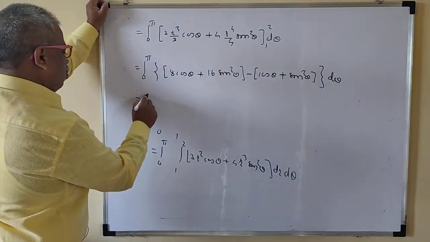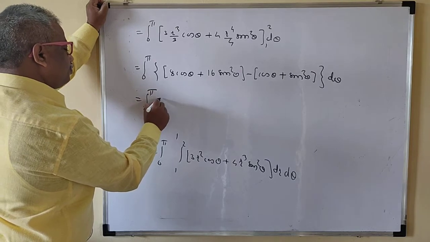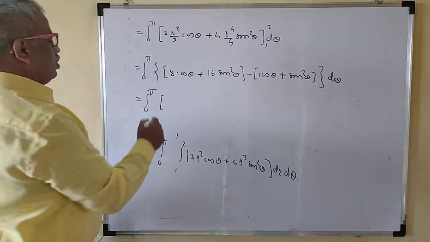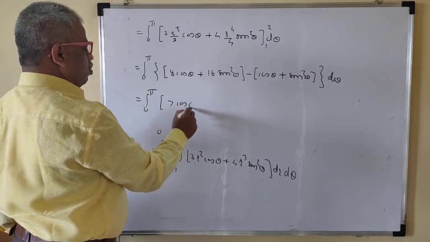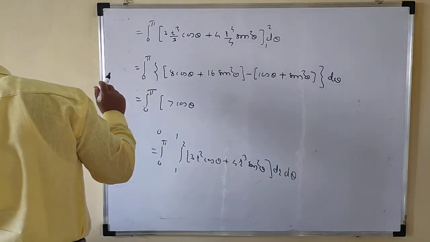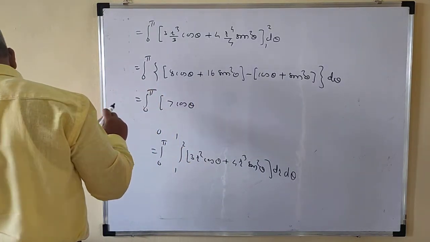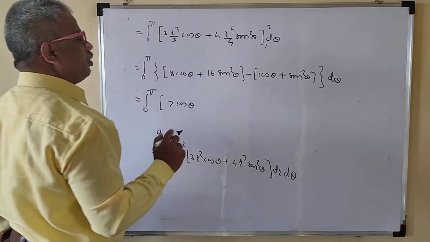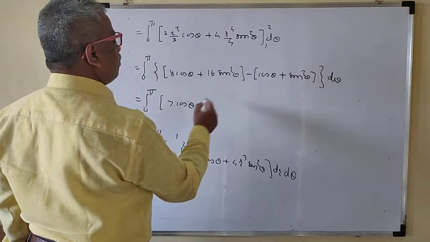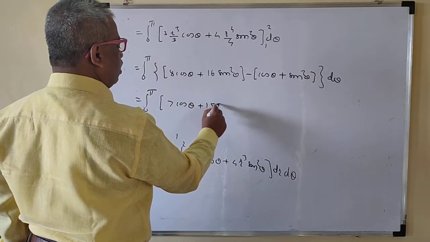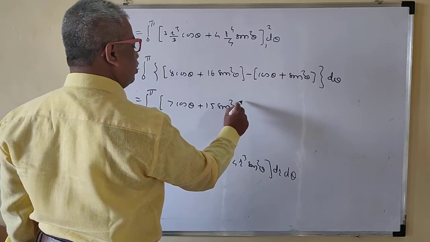We simplify this: 7 cos theta, then minus minus, so plus 15 sin square theta.